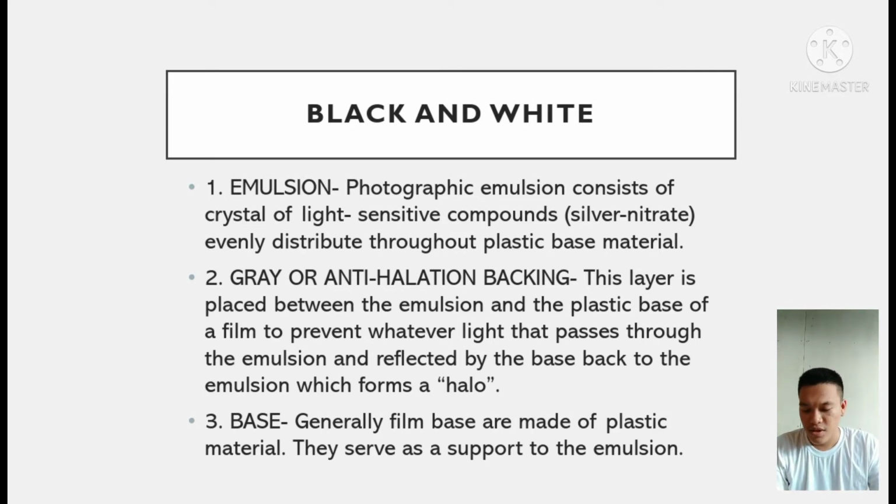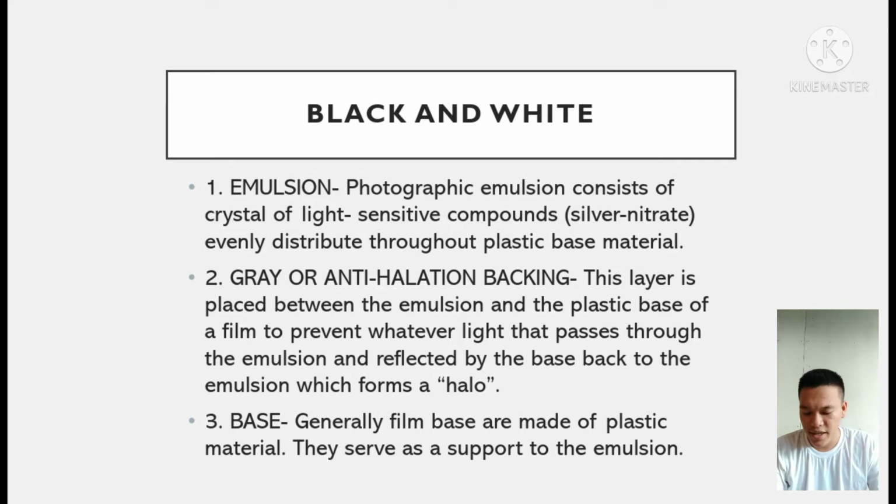There are three types of black and white film components. First is emulsion. Photographic emulsions consist of crystals of light-sensitive compounds, silver halides, evenly distributed throughout a gelatin medium on a plastic base.